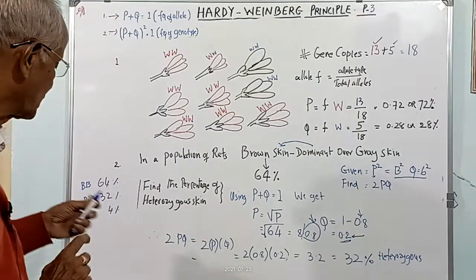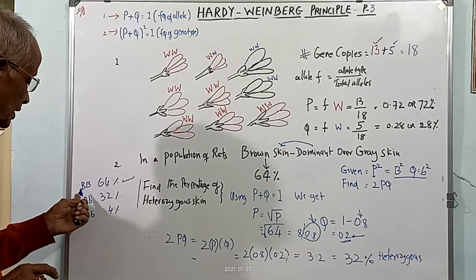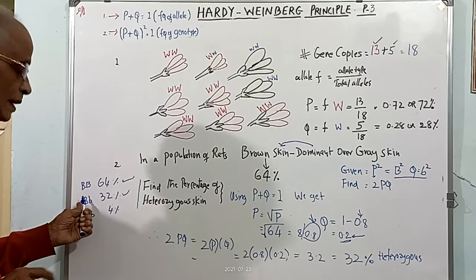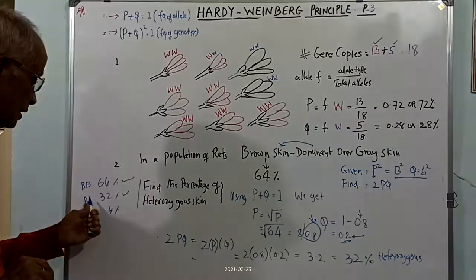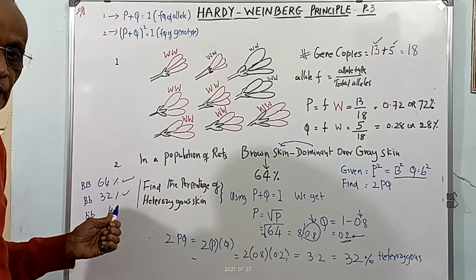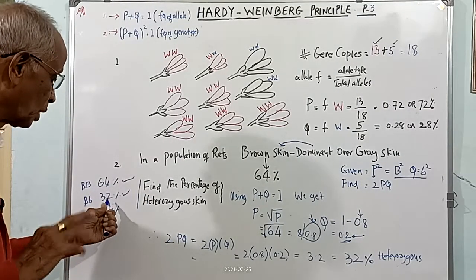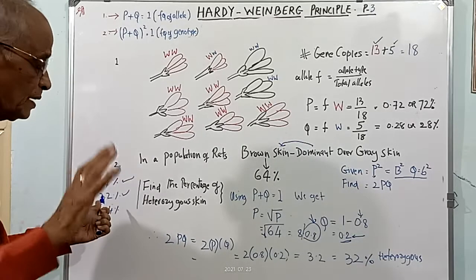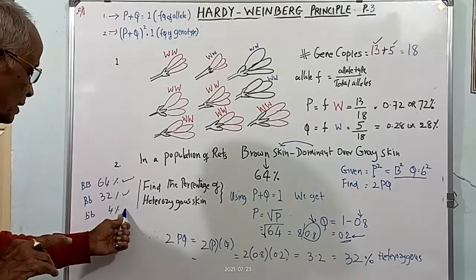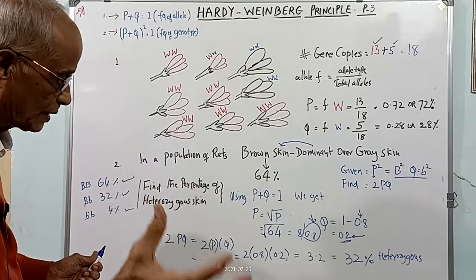Now if you want to check it here, we have 64% of them are brown, that is the homozygous. Heterozygous is 32%. It contains one allele for the dominant gene, one allele for the recessive gene. Since the dominant gene is always expressive over the recessive one according to Mendel's law, those 32% also will be brown in color, and 4% will be the gray skin color.